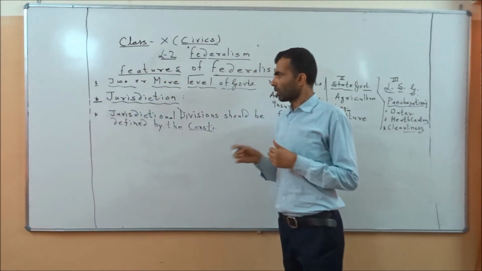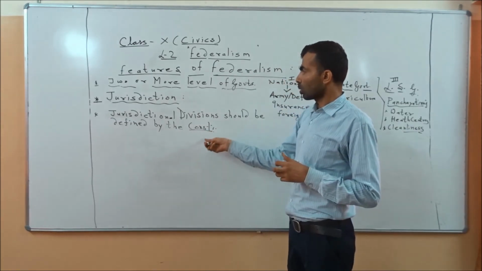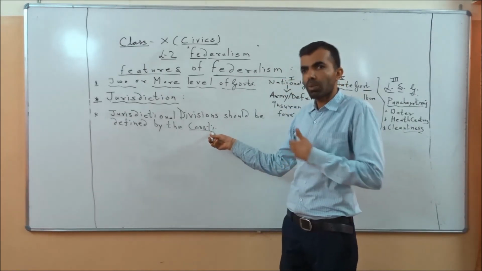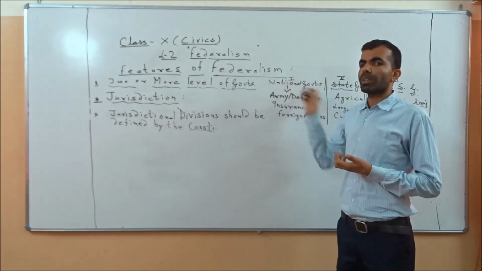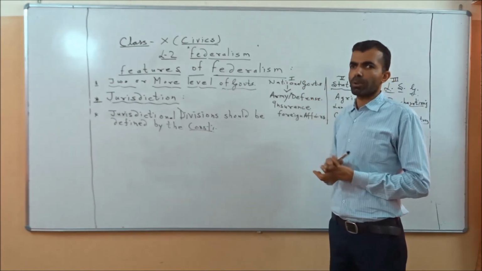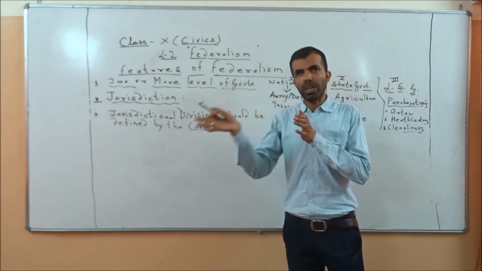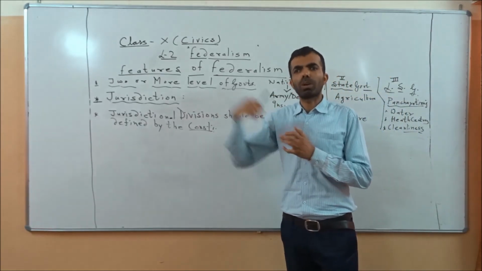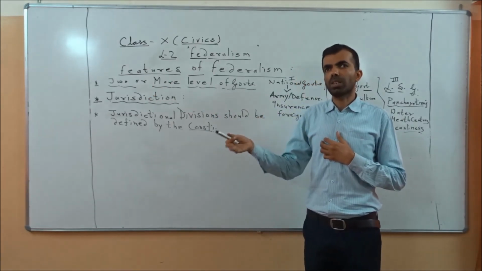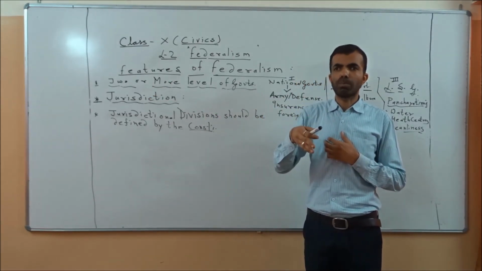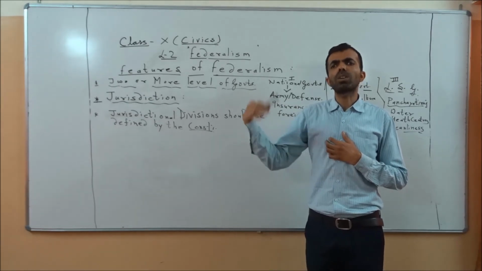One more thing, the Constitution would also be facilitating that there could be some particular areas which are common between national government and state government or the local self-governments. So, creation of the three lists, one for the union, that is union list, other for the state, that is the state list, and third which is common between the state and the nation, that is called concurrent.